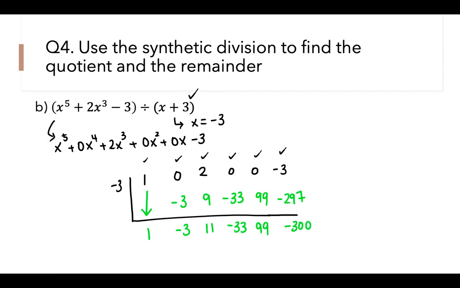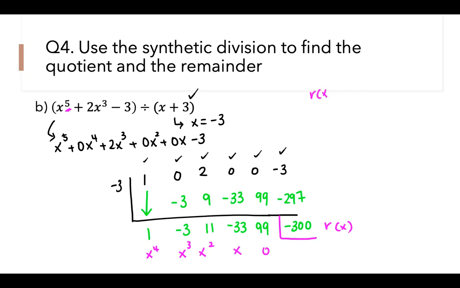Great. The last number I always label as my remainder. And the quotient is 1 degree less. So if we started with x to the 5, that means this is x to the 4, x to the 3, x to the 2, x to the 1, and 0.